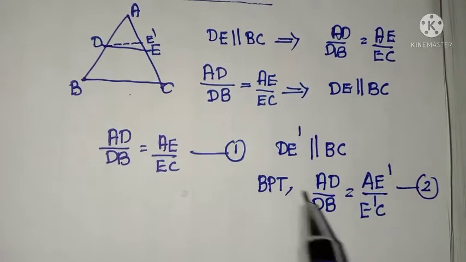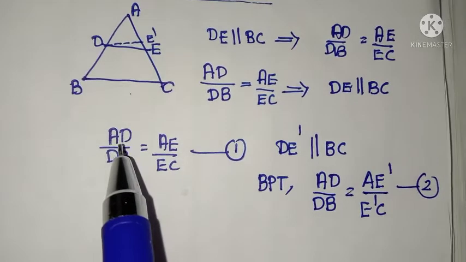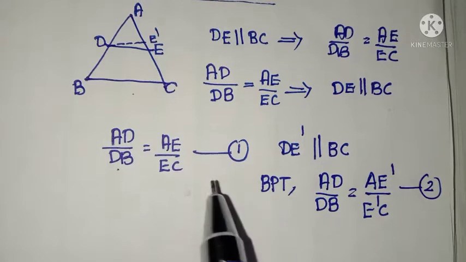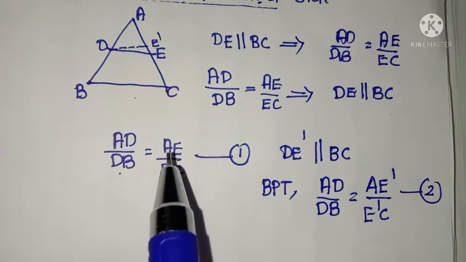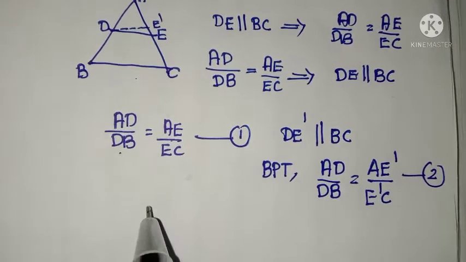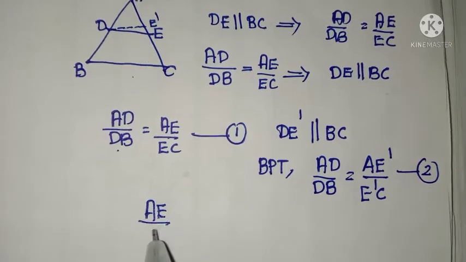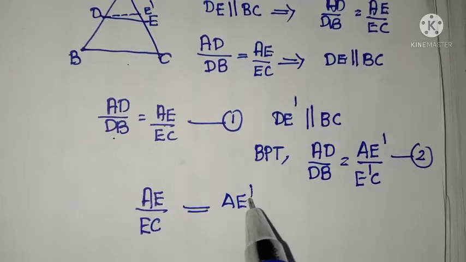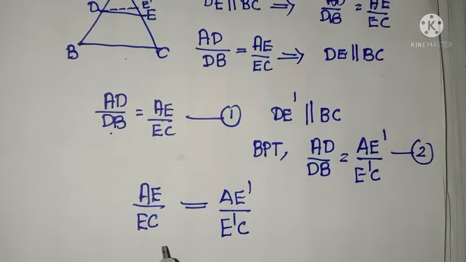Now look at these two equations. Listen, the left side, AD by DB, both are equal, right? So we can equate the right side also. So what is the right side? AE by EC is equal to AE dash by E dash C.